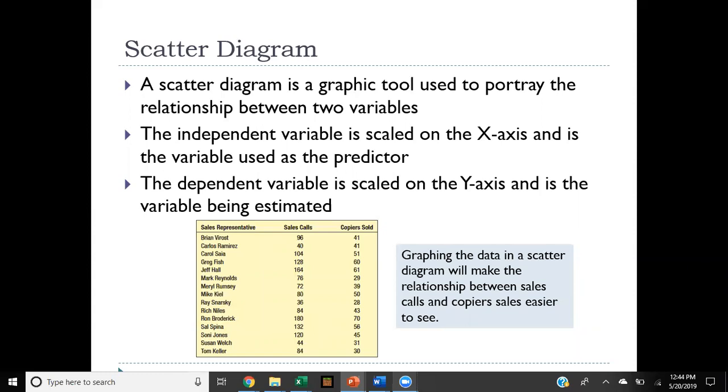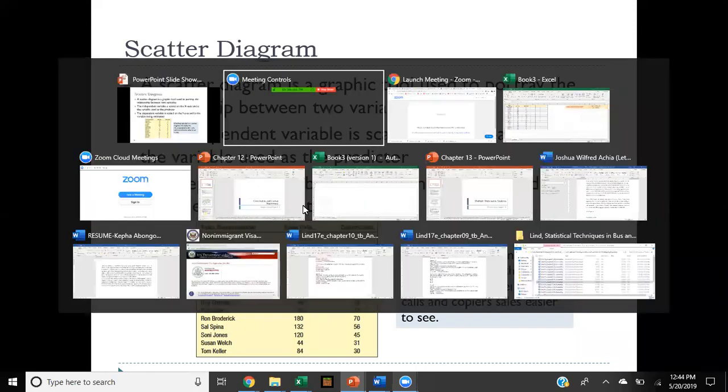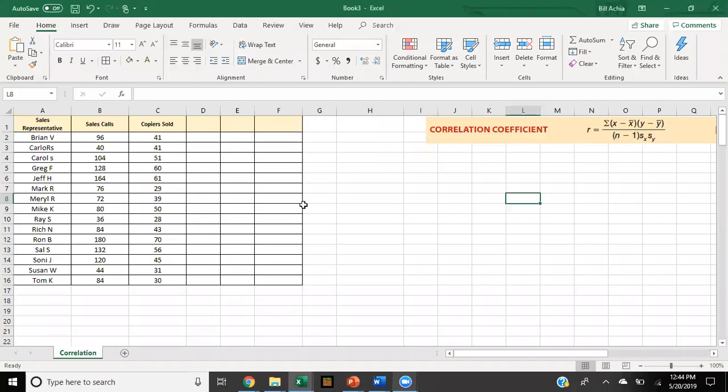So the first step for you when you run your correlation, given that you're business students, I'm hoping that you're comfortable enough with Excel to go into Excel. I've uploaded that information from your PowerPoint slides to Excel. And I'm going to throw in a scatter diagram by highlighting my data and going to insert.